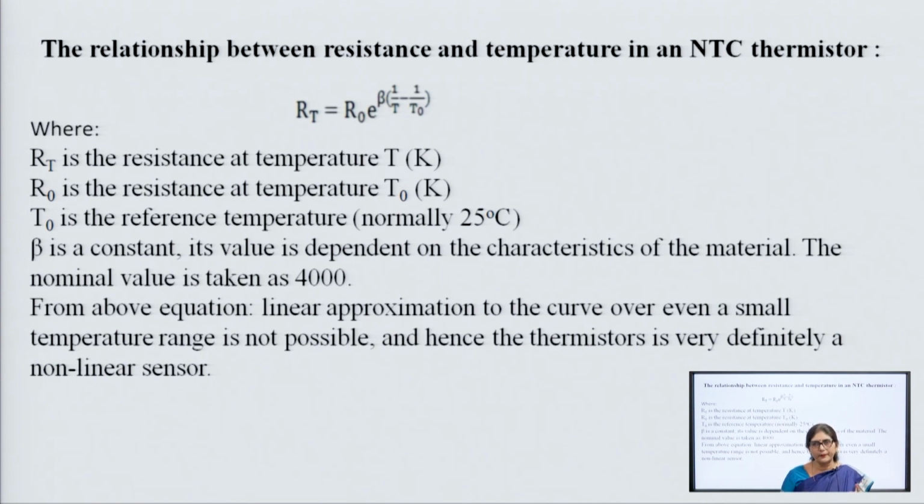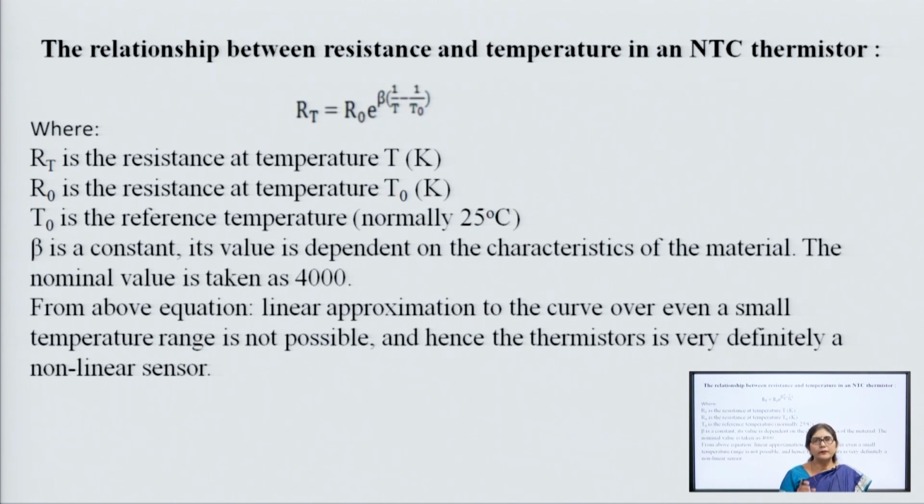But what is the drawback of this? That linear approximation of the curve over even a small temperature range is not possible, and hence the thermistor is very definitely a non-linear sensor. So, when we want to measure the change in resistance by measuring change in temperature, and since thermistors are a passive device, we have to use an auxiliary voltage source.